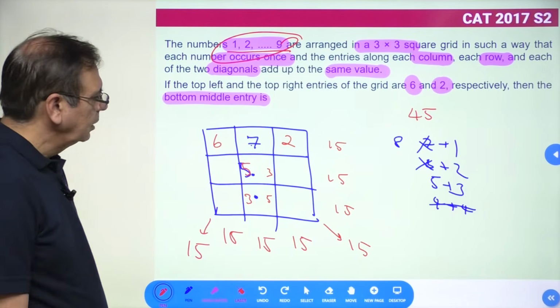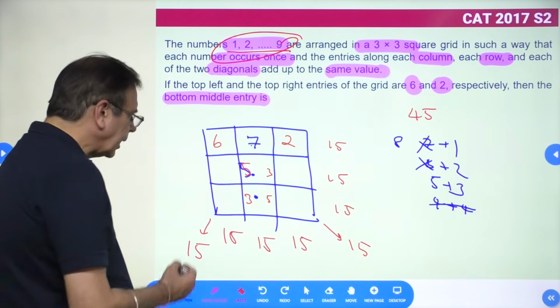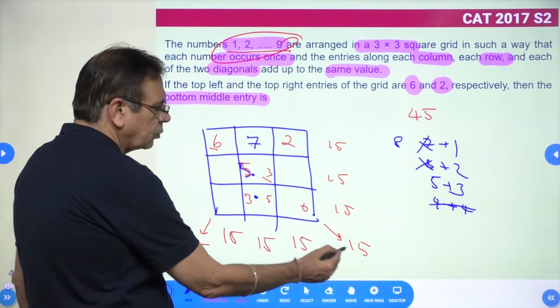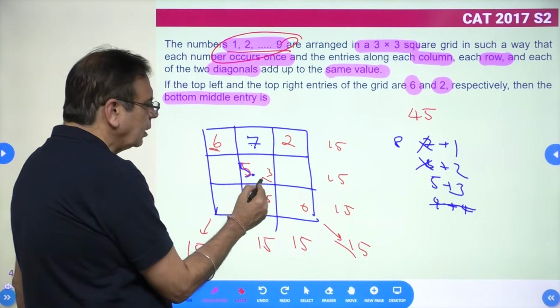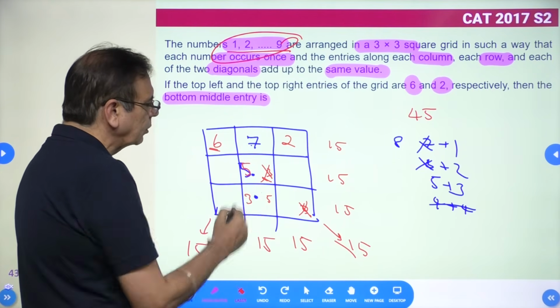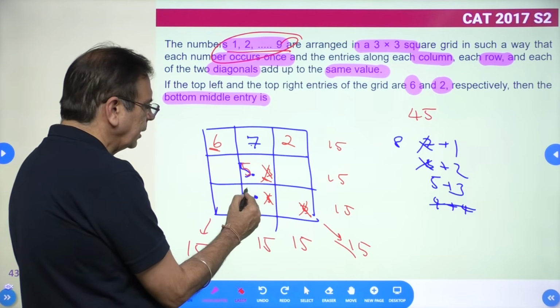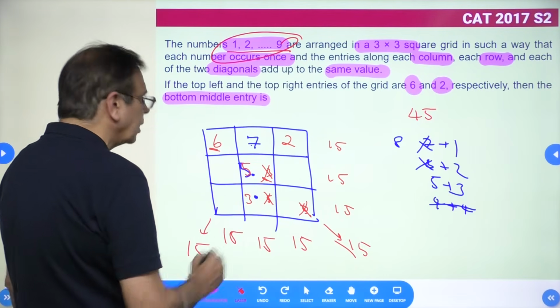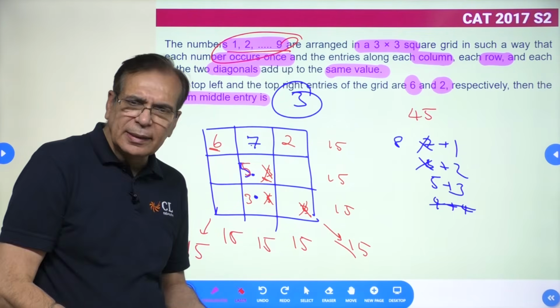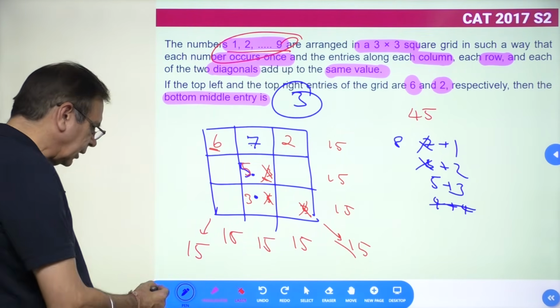These are two possibilities. Check it. What comes on the diagonal? If I take 6 and 3, 9, this will become 6 to make it 15. So 6, 3, 6 is not a possibility because the digit cannot be repeated. So this is out. That means this is 6, 5 and 3. So what should the answer be? Answer should be 3. So all you need to do is make that grid and do the basic calculation to get the answer.